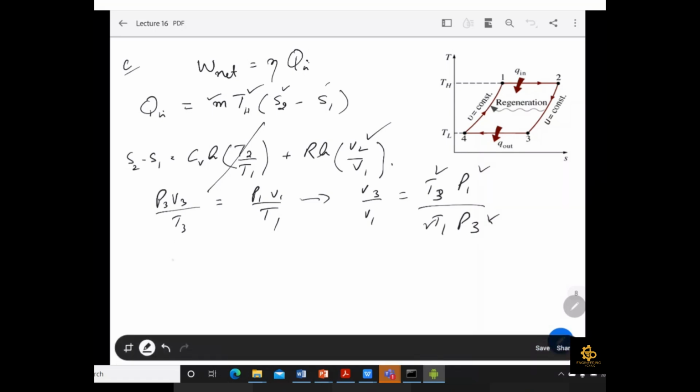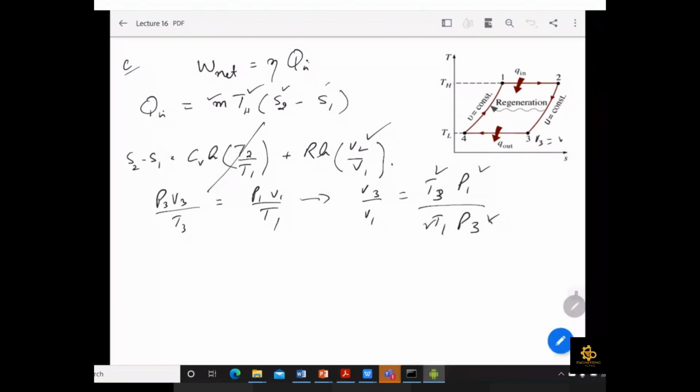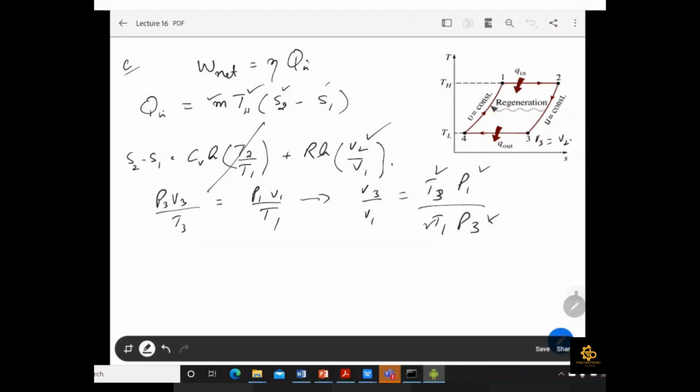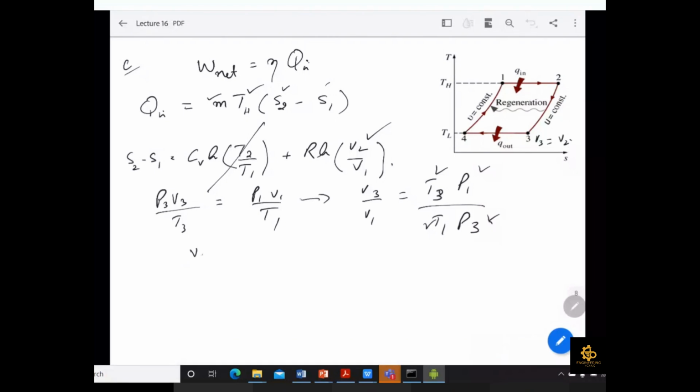From here we can say that for the Stirling cycle, V3 is equal to V2. If you go back to your PV diagram, you can easily find out that these are equal. So V2 over V1 is equal to 300 kilopascal, which is 3 megapascal converted to kilopascal, and then 2000 Kelvin, and 150 kilopascal.